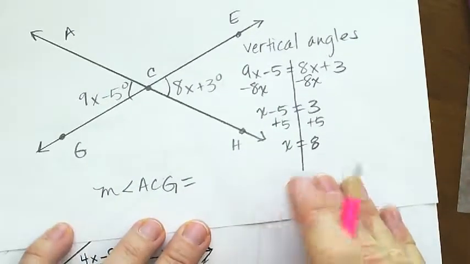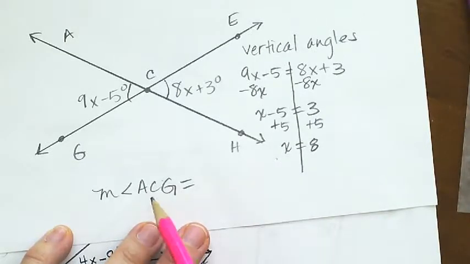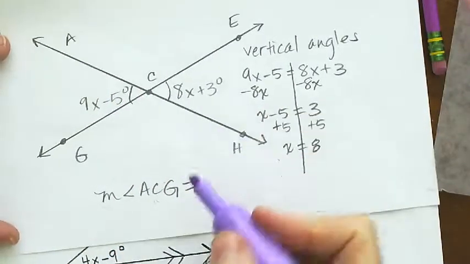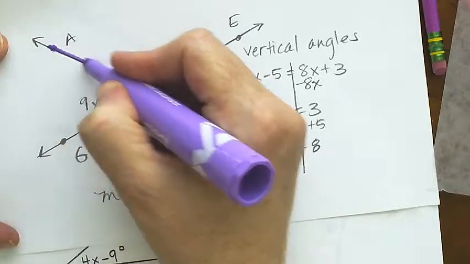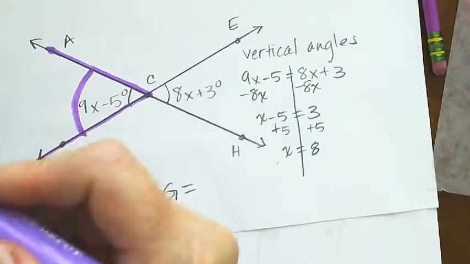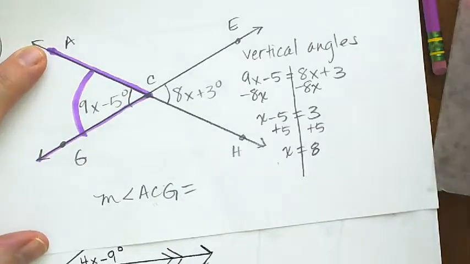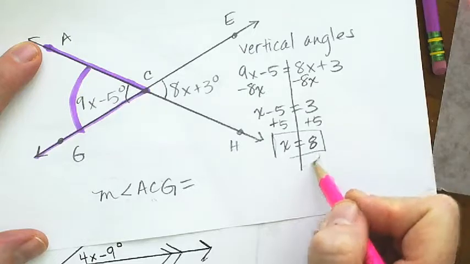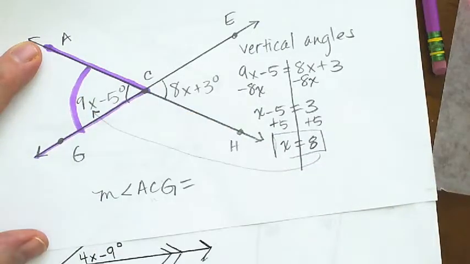All right. I'm not done because it's asking on this one for the measure. That italicized M means measure of angle ACG. Let me highlight this. ACG is this angle right here. So I'm going to take 8 and substitute it in the place of x.